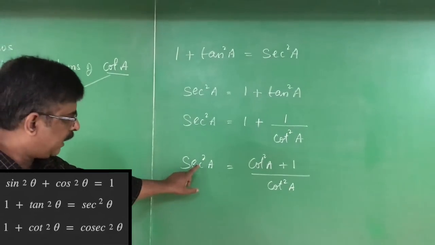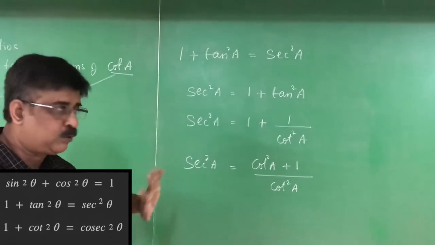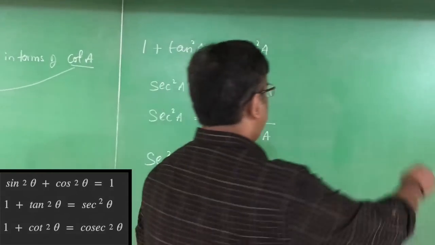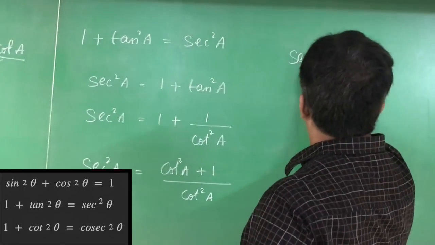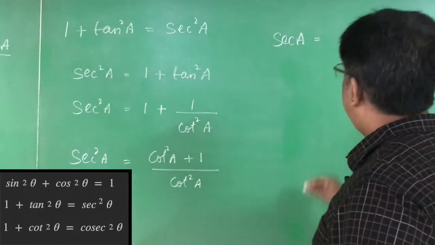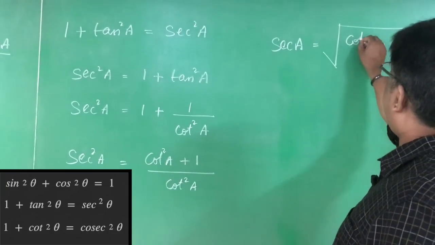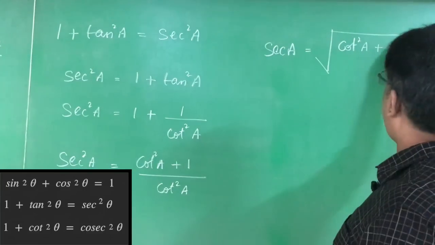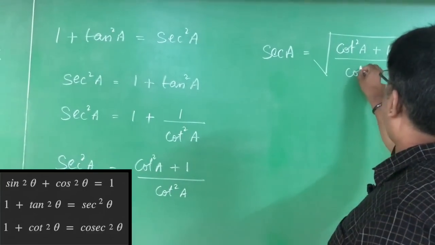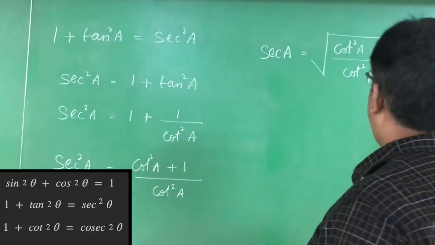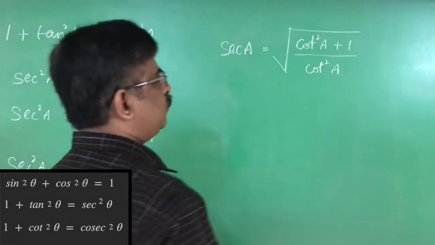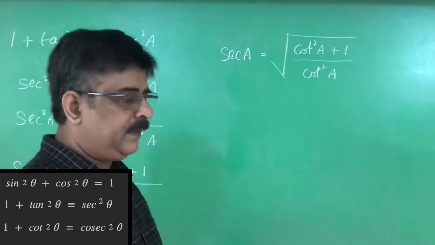Now what I want is secant A, not secant square A. Therefore, secant A equals square root of cot square A plus 1 by cot square A. Here, for the numerator, we can't take the square root because it is a binomial.